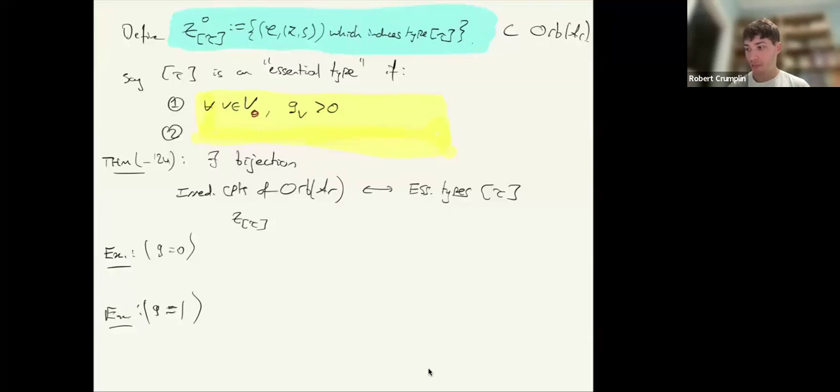And the second constraint is that with respect to this decomposition of the vertices by the 0 and plus assignment, the underlying graph must be bipartite.